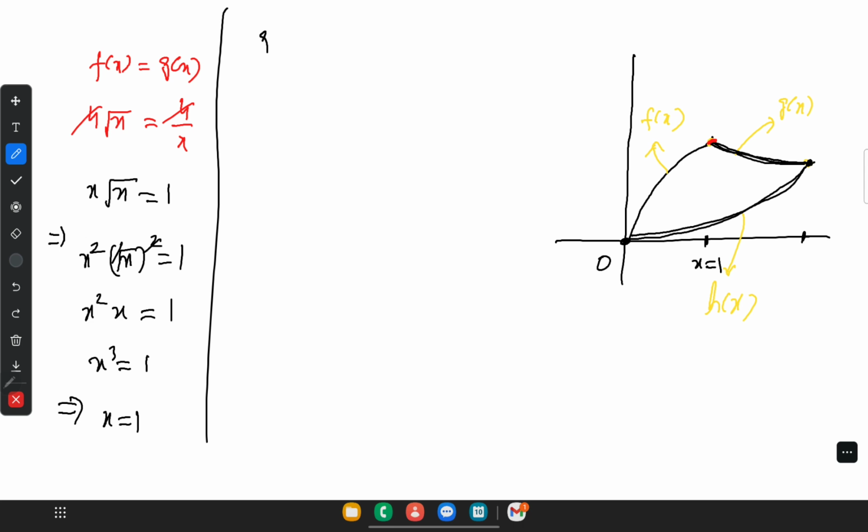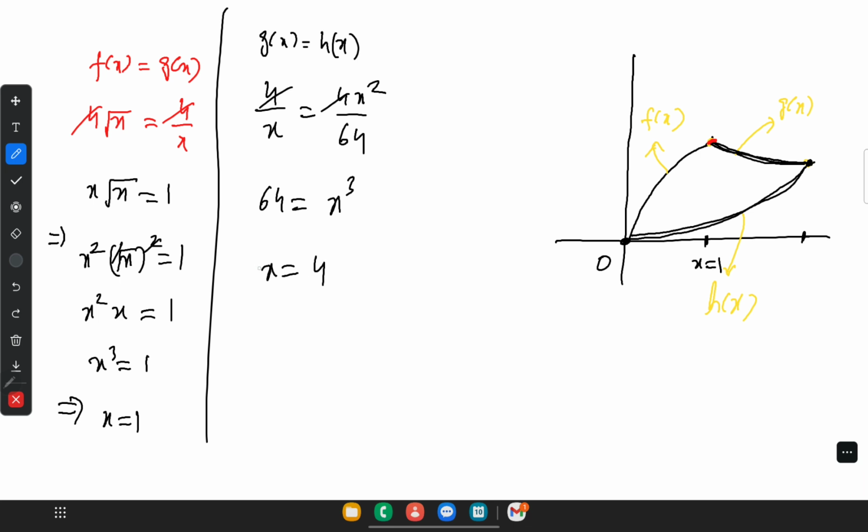So put g of x is equal to h of x. g of x is 4 over x and h of x is 4x squared over 64. 4 is cancelled out. 64 is equal to x cube. x is equal to 4, because cube of 4 is 64.